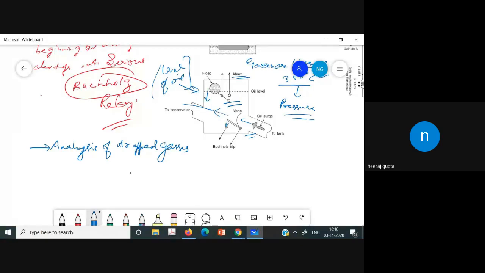The analysis of the trapped gases in the conservator gives the clue about the type of damage taking place inside the transformer. This is because of the insulation between the winding turns, and then the insulation between the stampings of the core.